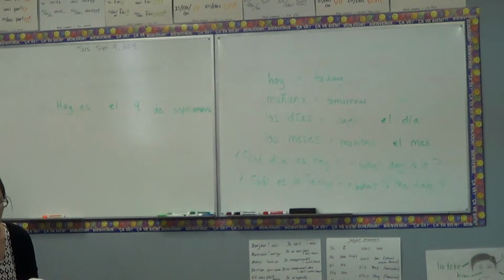Let's see here. Número 3. Hanukkah es en febrero. Hanukkah es en diciembre. La Navidad es el 25 de noviembre. La Navidad es el 25 de diciembre. Diciembre. It's okay. Número 5. El día de la independencia de los Estados Unidos, a mouthful there, es el 4 de junio.